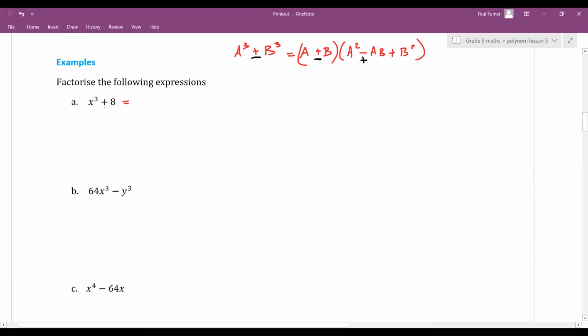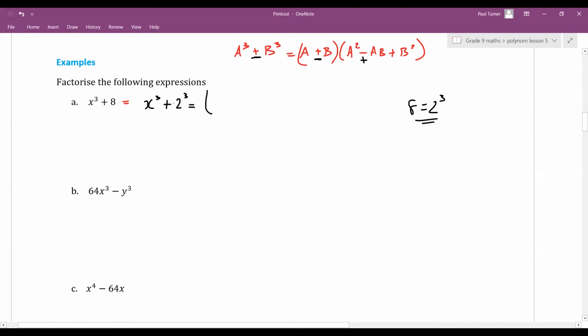So in this question, we've got x cubed plus 8, and you know 8 is 2 cubed, which is good. So now we can put a 2 cubed in here. Your first line in working should be x cubed plus 2 cubed. Just change your 8 to 2 cubed, and then we can compare it to your formula in red here.